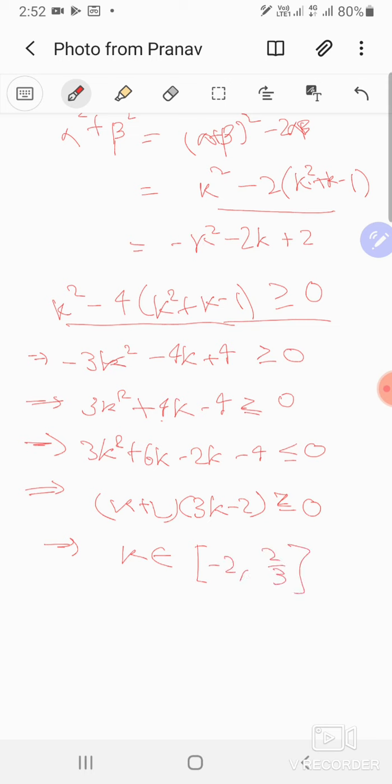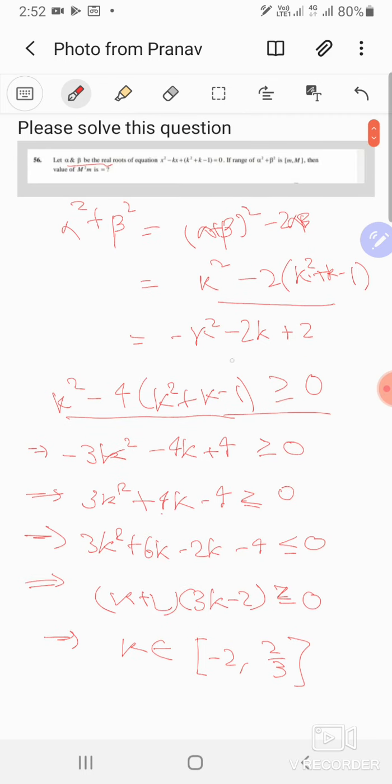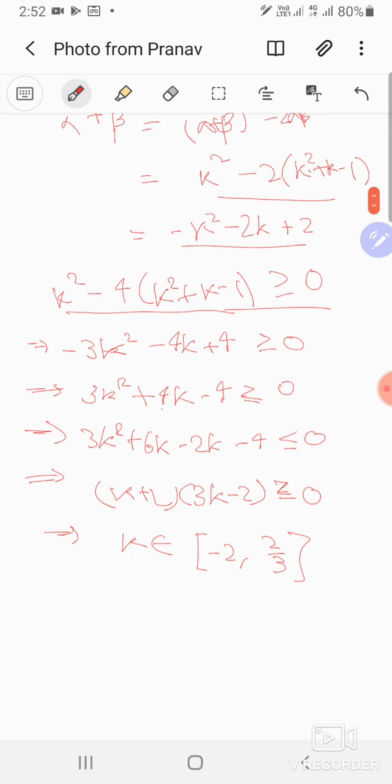Okay, so if k is in this range, what is the minimum and maximum value of this function? That's what we need to find. Suppose k was any real number. In that case, the maximum value of this function would occur at minus b by 2a, so minus of minus 2 upon 2 into minus 1, which is minus 1.